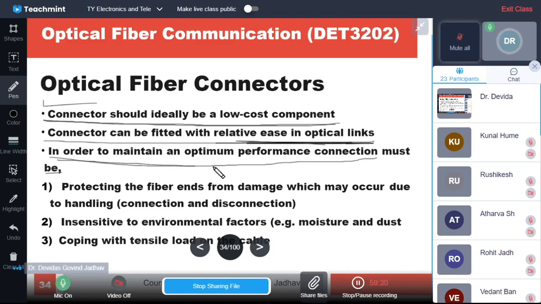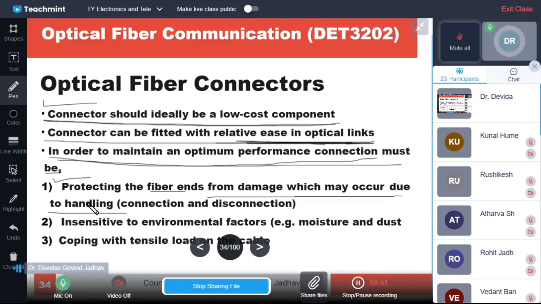In order to maintain the optimum performance, the connector should protect the fiber ends from damage which may occur due to handling.